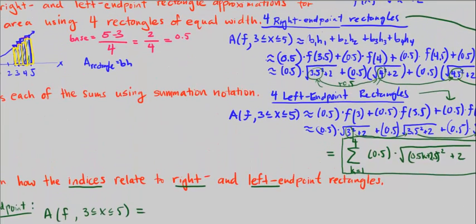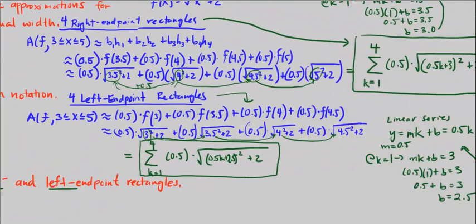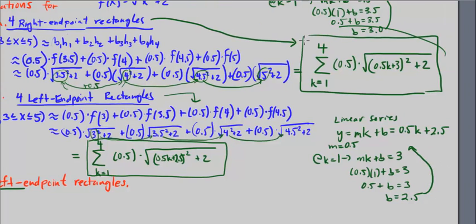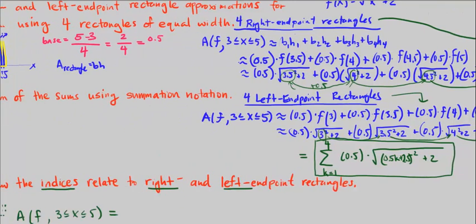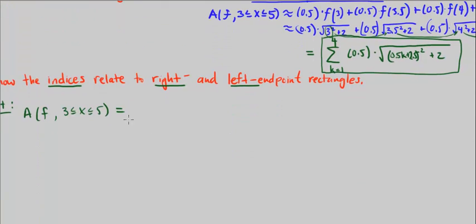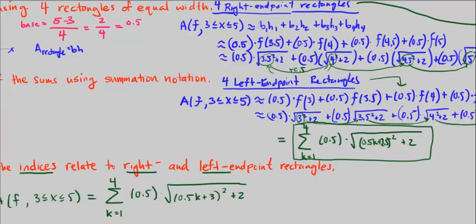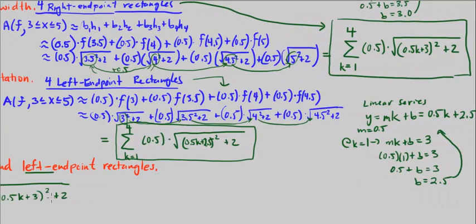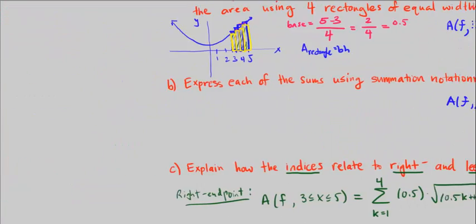I'm just copying it from here. We had k is equal to 1 to 4, 0.5 times the square root of 0.5k plus 3 squared plus 2. Let's check that these are the same. Yep.